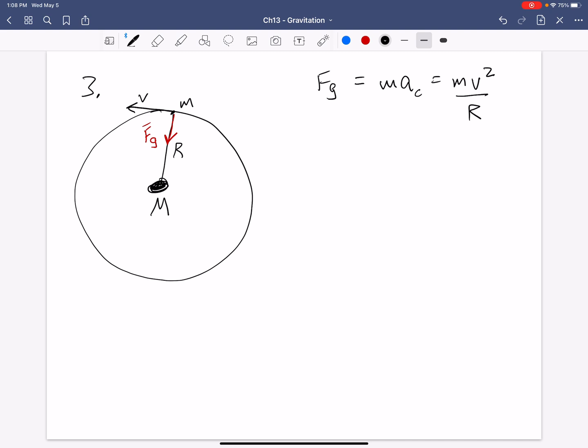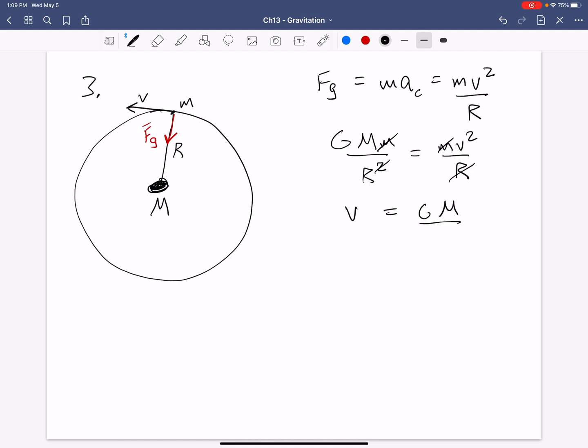And so knowing what the force of gravity is equal to now, GMm over r squared, that's equal to mv squared over r. The masses go away. One factor of r goes away, right? And we can solve for this speed. V equals, what is that?